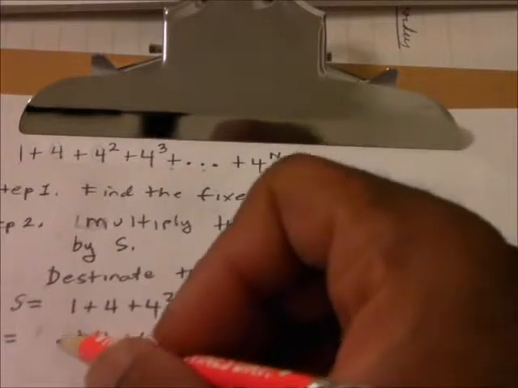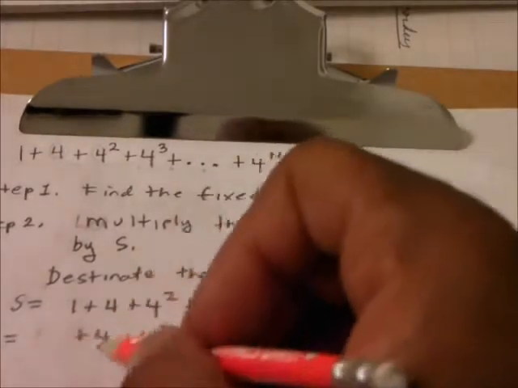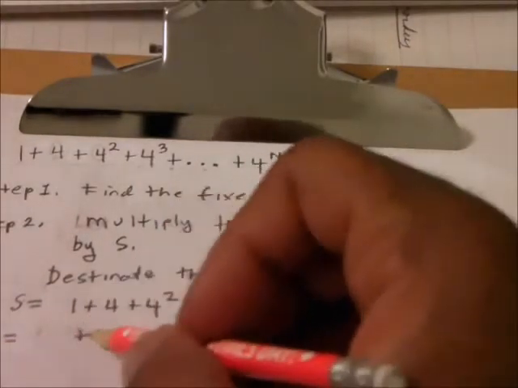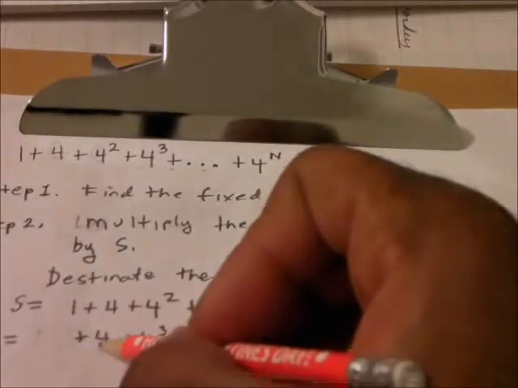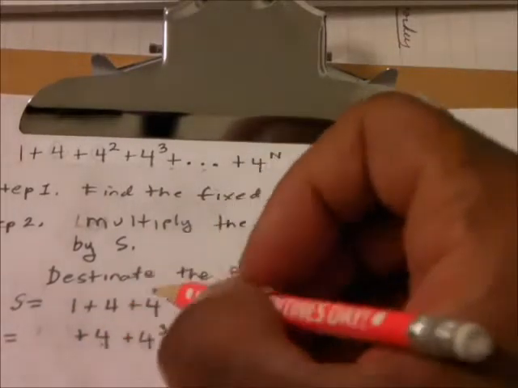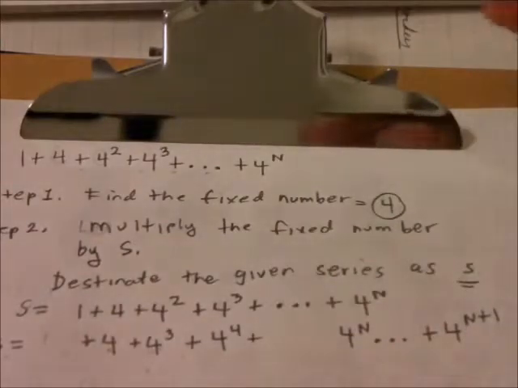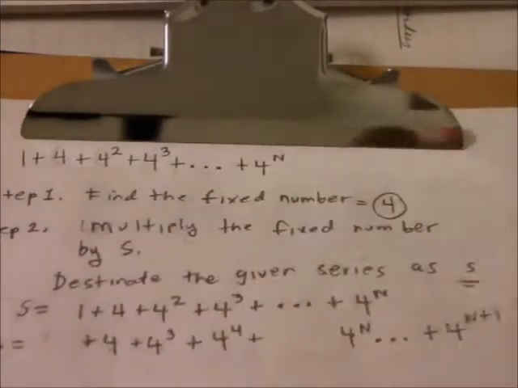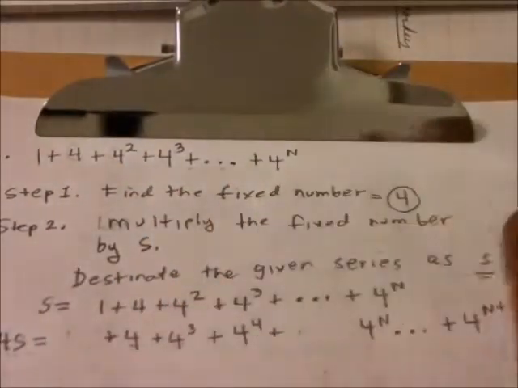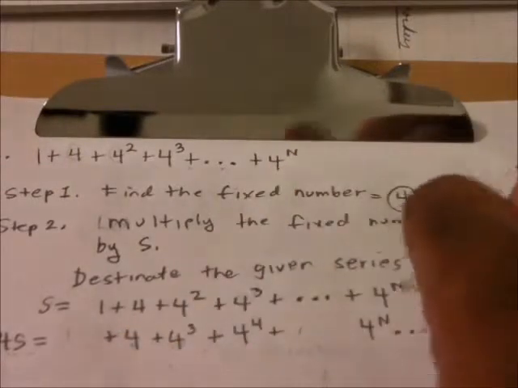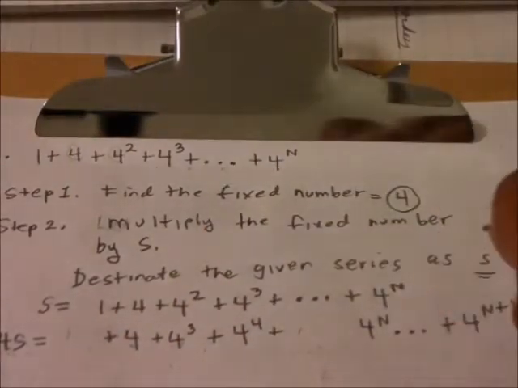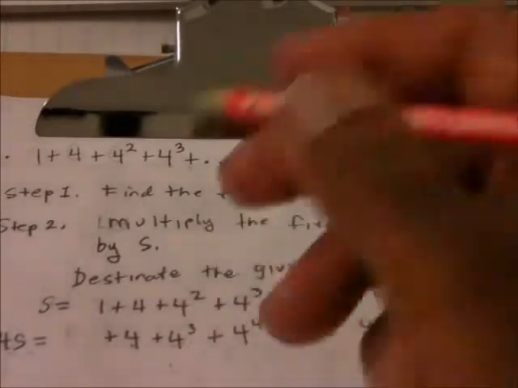So 4 times 1 is 4, and 4 times 4 to the second, you add the exponents, that would be 4 to the third. I just went ahead and did this straight so that you could see that this is a shortcut. I didn't have to show how I got it because you can see that from the first problem in the first video.